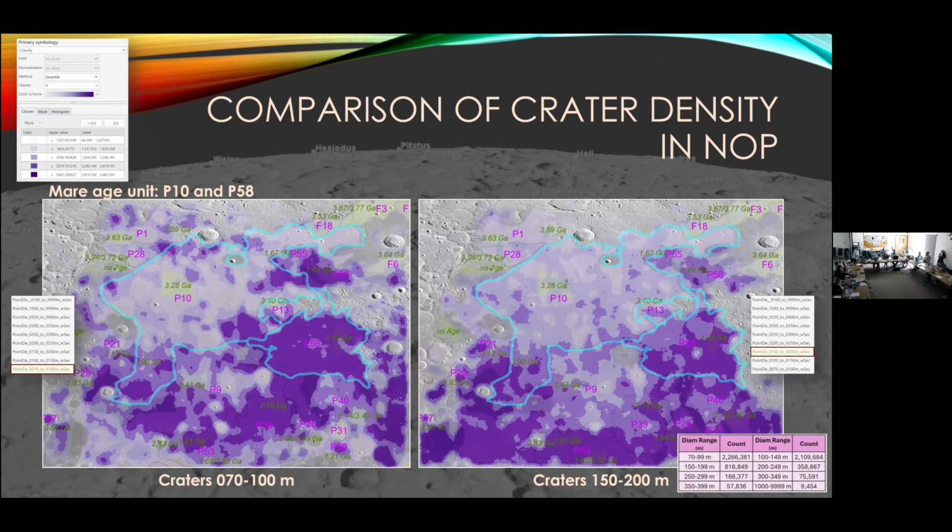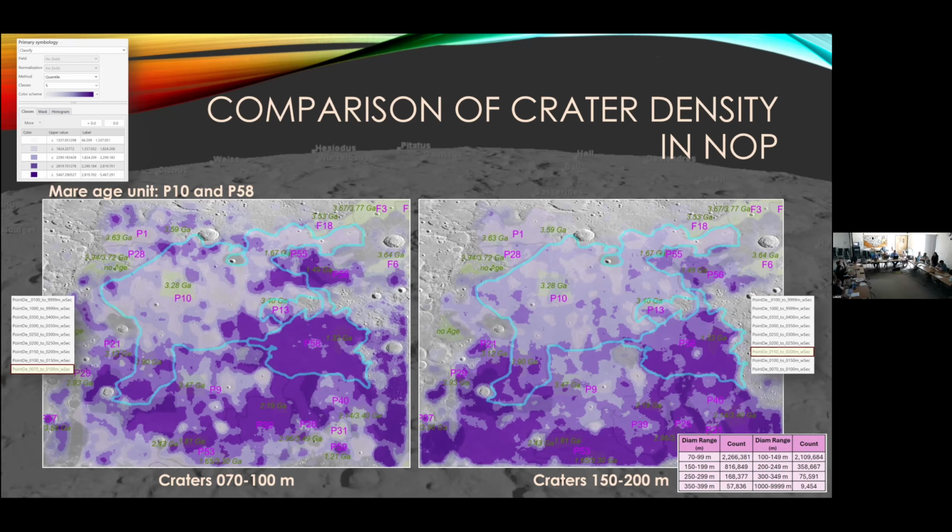So again, looking at all of northern Oceanus Procellarum, I have highlighted basically three different Mare boundaries from Giguere et al. 2011, featuring area P10 on the upper left, and then P58 on the lower right of each slide. These are 4 slices of the layer cake, so I'm going through different densities.